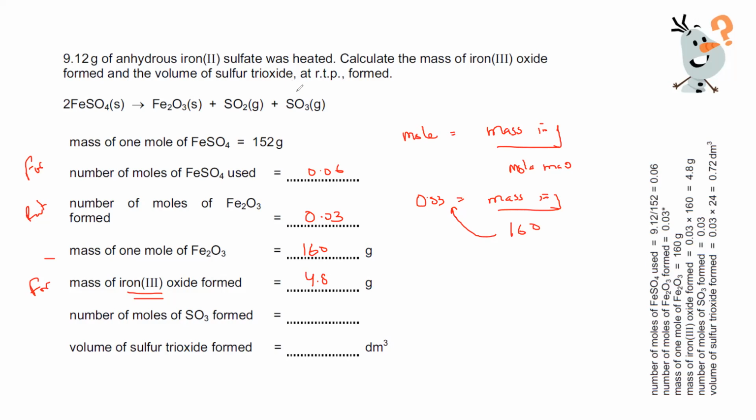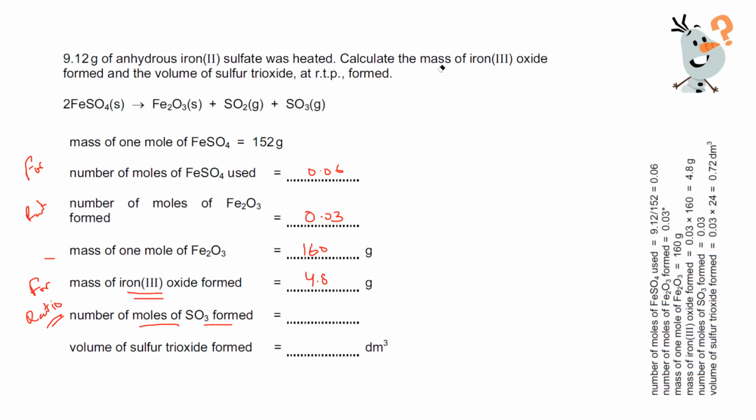Then for sulfur trioxide, they're asking for the moles of sulfur trioxide. Nothing is given about sulfur trioxide, so it will be a ratio. We can take any ratio because we have moles of iron sulfate and we have moles of iron oxide. We can take any ratio and we'll get the same answer.